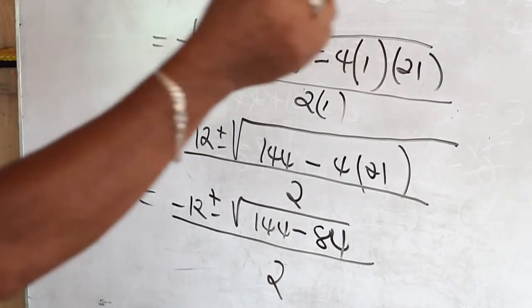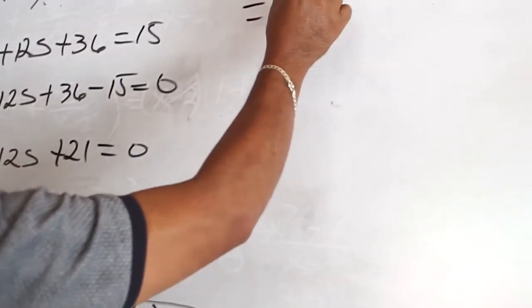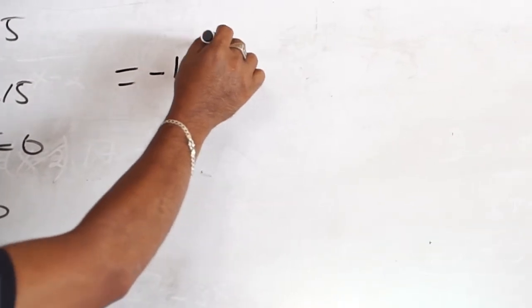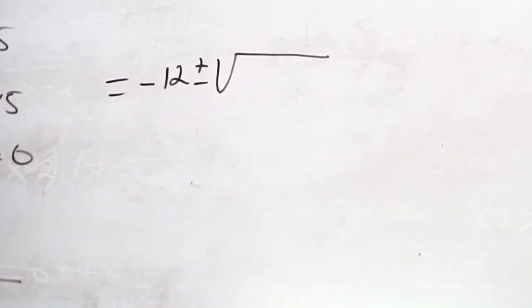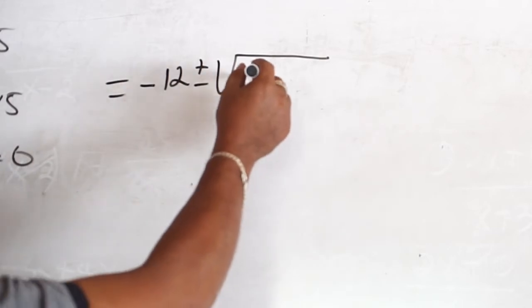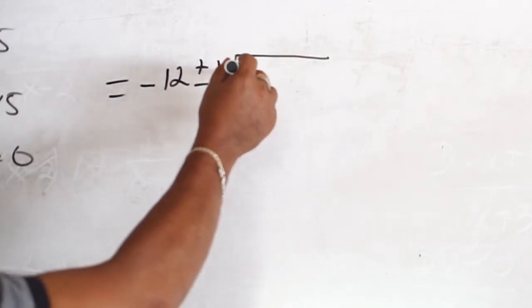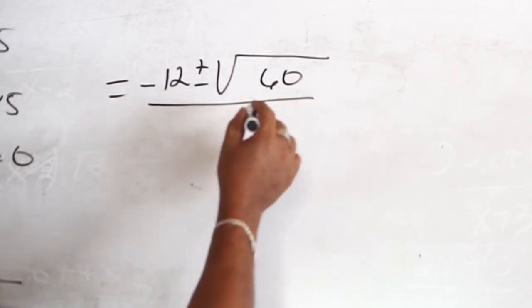Then next, so negative 12, positive and negative, the square root of, okay, so we have 144 minus 84, the result is 60. Then over 2.